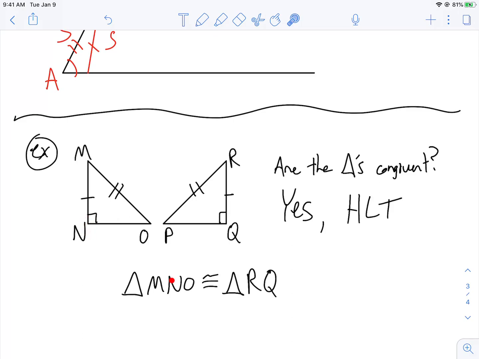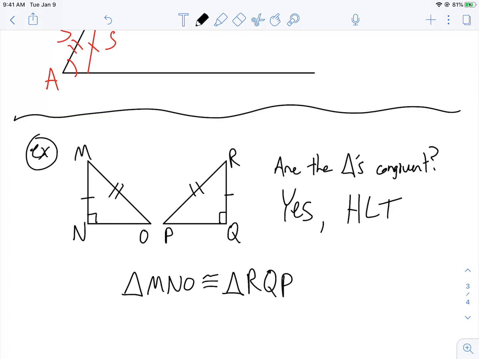N going to the next point, O, takes us across the side with no congruence. Q going across the side with no congruence takes us to P. So it has to be RQP.